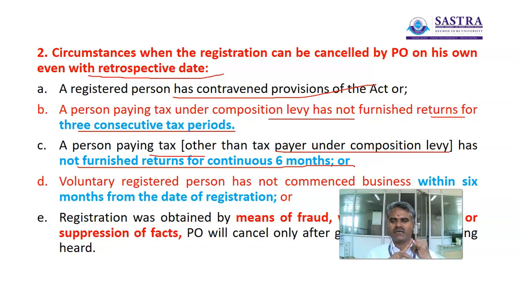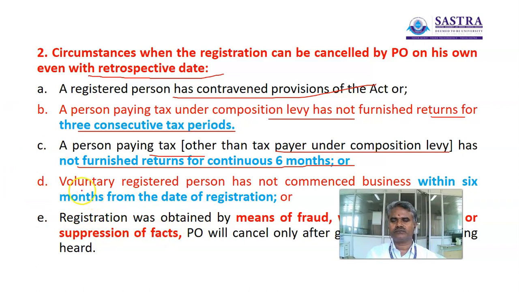One is monthly return, quarterly return, half-yearly return, annual return. All returns are very, very important. So, once you fail to file the return continuously, the PO will come and cancel your registration. So, these are the special circumstances for cancellation.